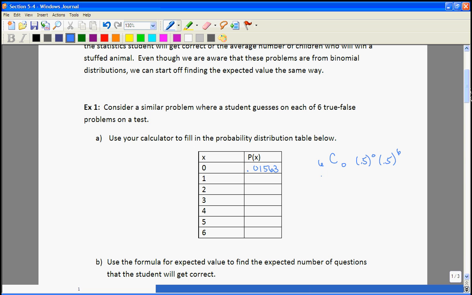So that comes out to 0.01563, and then I would do the same thing for the next value, 0.5 to the 1st, 0.5 to the 5th, and that comes out to 0.09375.